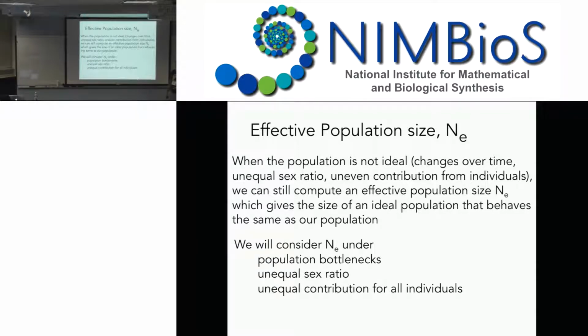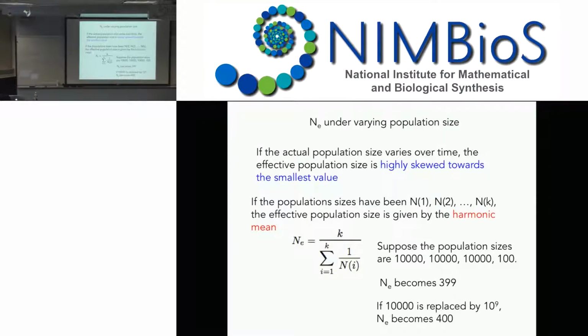The bottom line is the effective population size is always, always, always below, and usually dramatically below, your census size. That's one takeaway message. So let's look at varying population size. The key here is the effective population size is highly skewed to the smallest value. Suppose my population sizes were 10,000, 10,000, 10,000, 100.